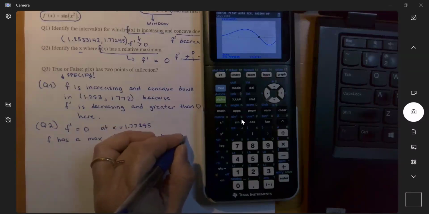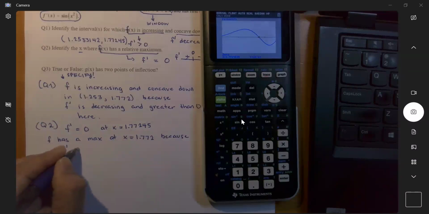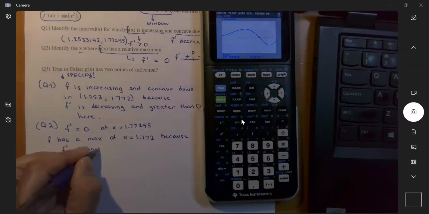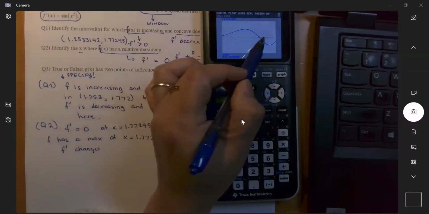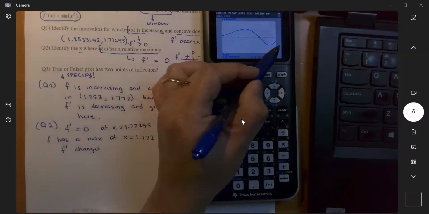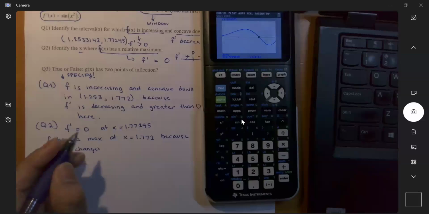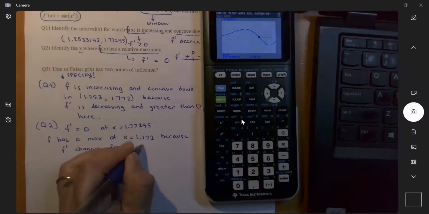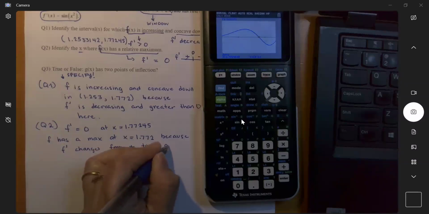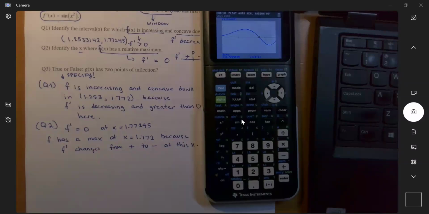because what is going on with your F prime? F prime changes from above the x-axis, which is positive signs, to below the x-axis, which becomes negative signs. So you say F prime changes from positive to negative at this x, period.